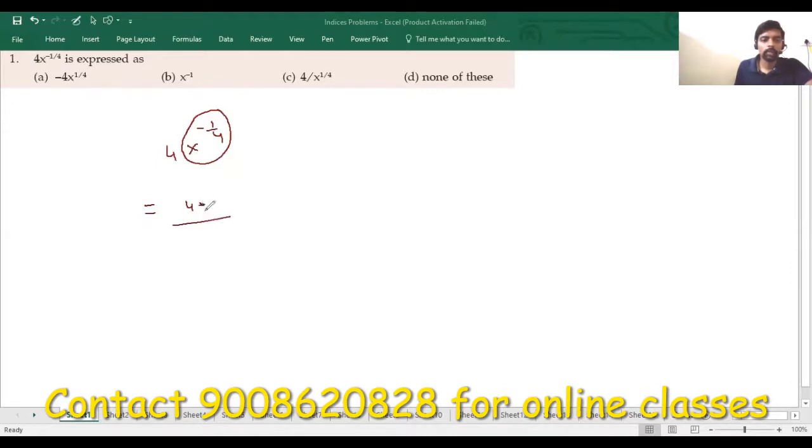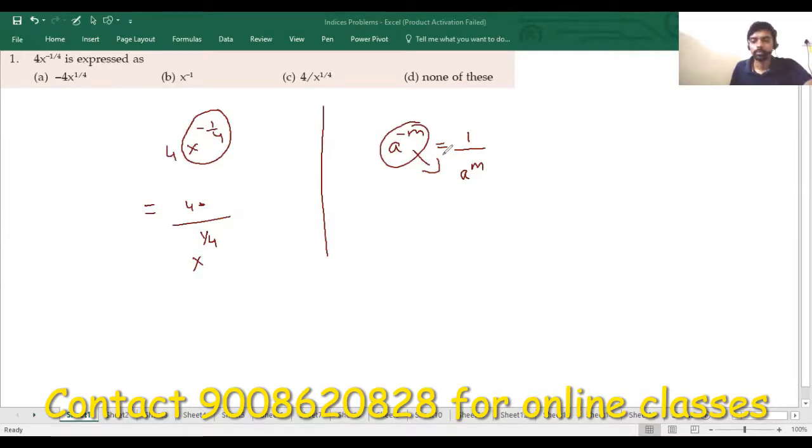So 4 divided by x to the power minus 1 by 4 becomes plus 1 by 4. Sir, how? A to the power minus m can be written as 1 upon a to the power m. If you send this to the denominator, the exponent will change sign. Done. So the correct answer is option C.